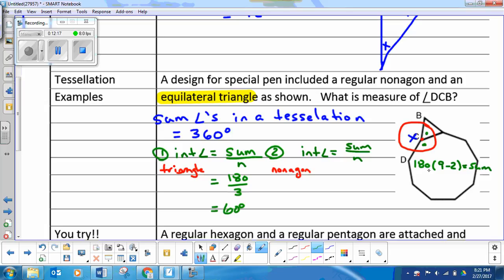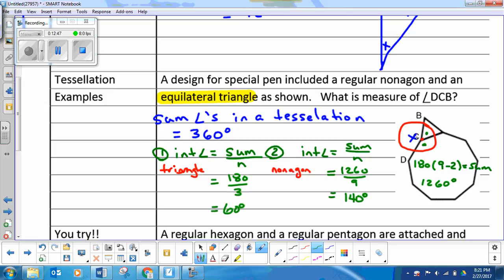When we do the math there, we're going to find that we have 1,260 degrees total inside our nonagon. We need to share that value with 9 of our friends. And so we're going to divide that value by 9 to come up with the value of each interior angle. When I do the math here, I get 140 degrees. All right. So again, make sure you pause the video if you need to, if I'm going too quickly.